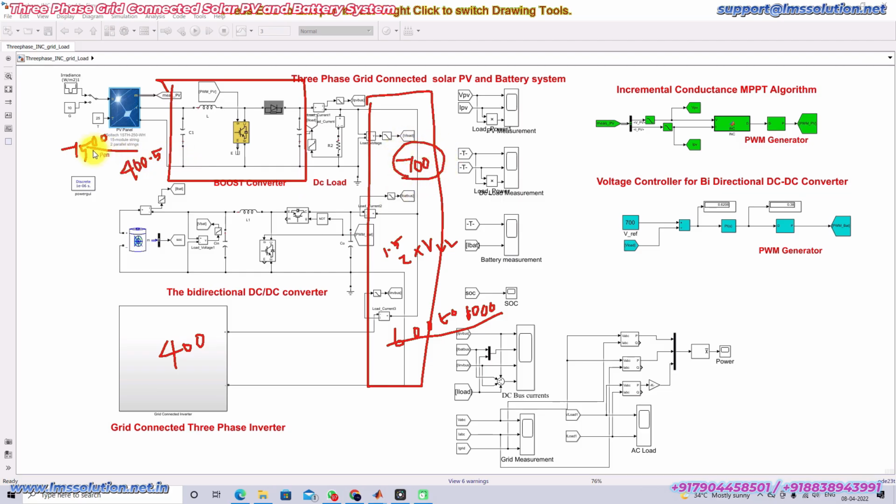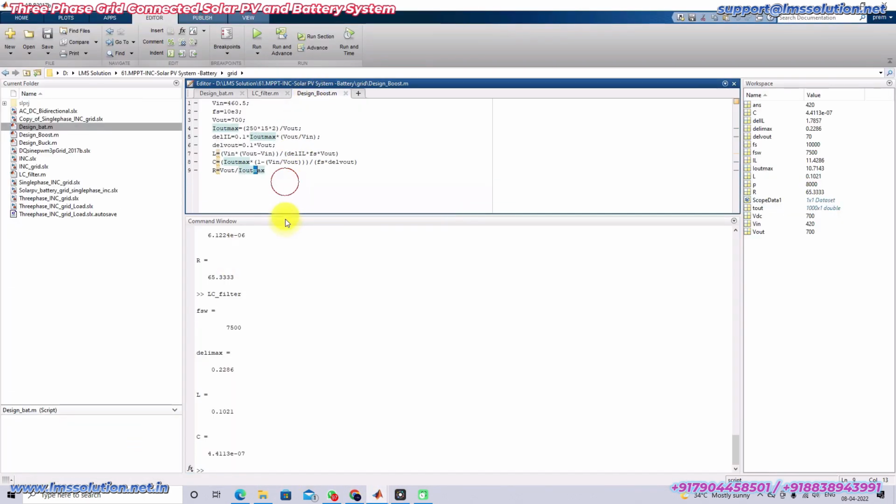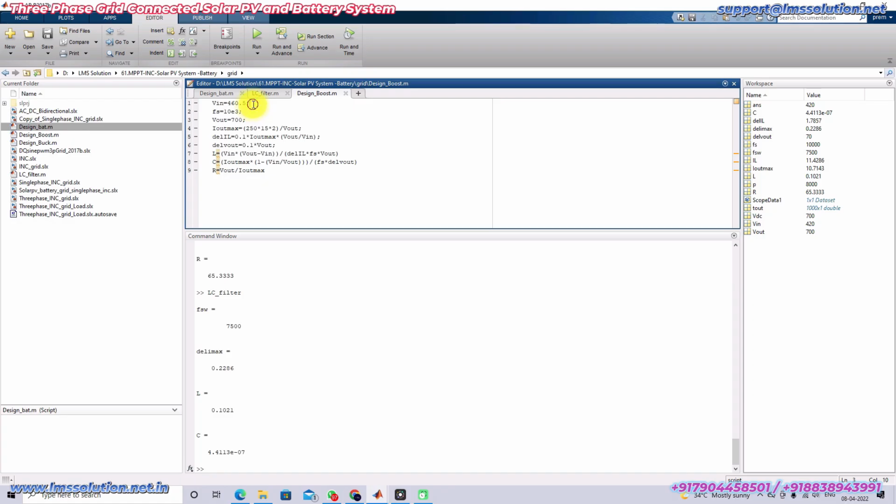Based upon this power rating of PV and voltage of the solar PV, and the output voltage of the DC bus, that means DC bus voltage 700, you have to design the value of the L and C. In order to design that L and C value, we have the equation. In the equation, we have to provide the detail about the PV panel voltage.